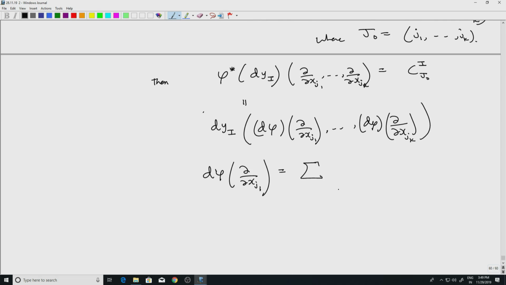So d phi of del by del x^{j1} etc. can be written as a linear combination of del by del y^1, and I have to keep track of indices, a_{j1 1}, ..., a_{j1 n} del by del y^n.